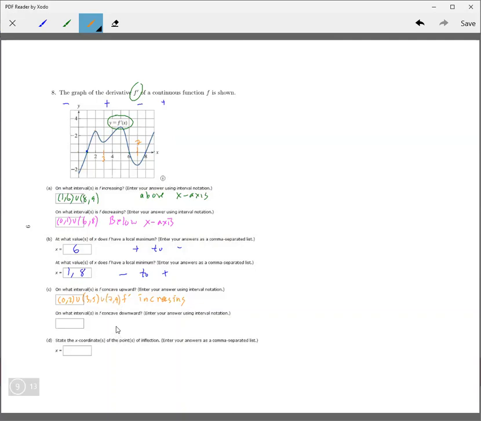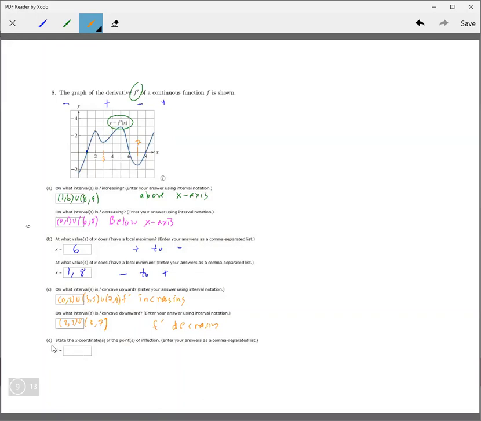That's where it's increasing. And for concave downward, you want where the derivative is decreasing. That's going to be from 2 to 3, and from 5 to 7.